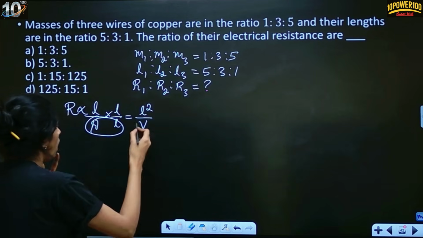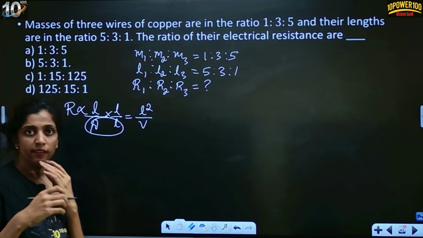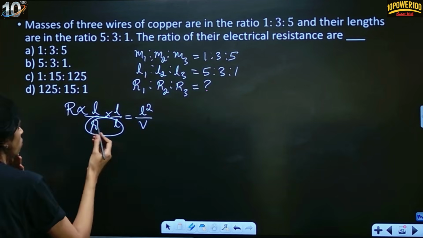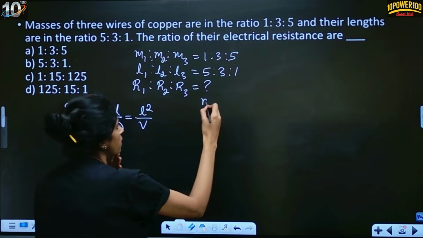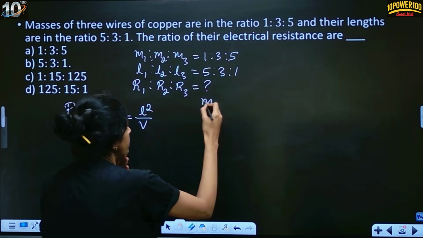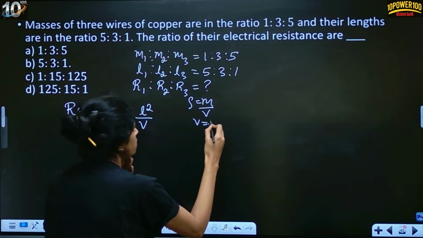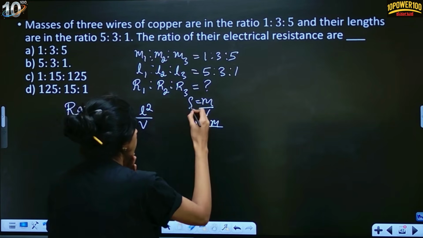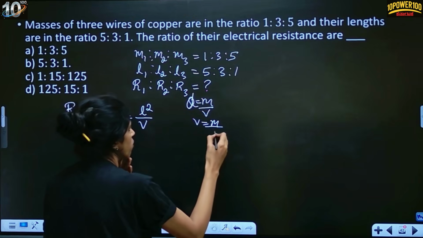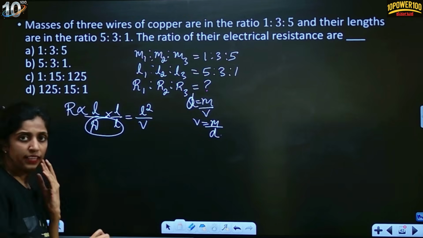Okay, so how are volume and mass related? It's a basic formula which we know. Density is mass per unit volume. So can we write volume as mass per density? Let me denote density as D. Okay, can we write like that? Yes, right?